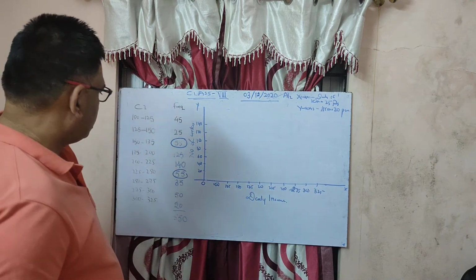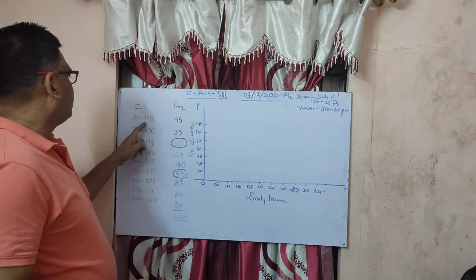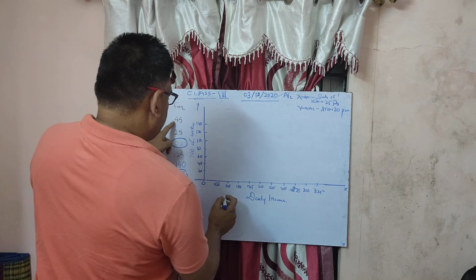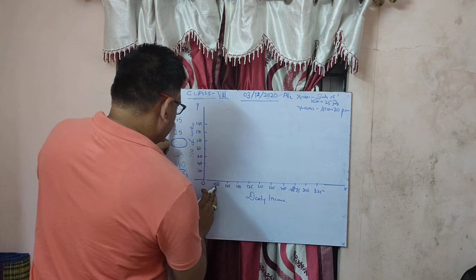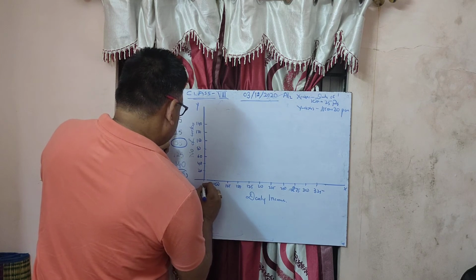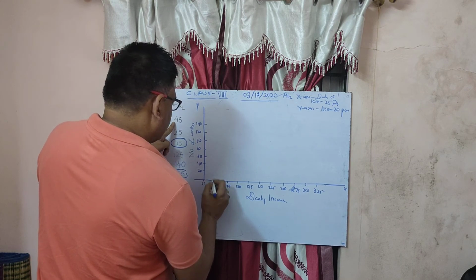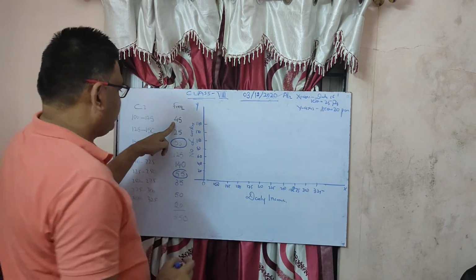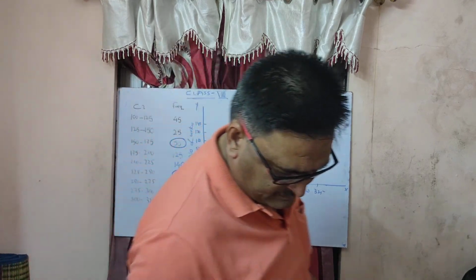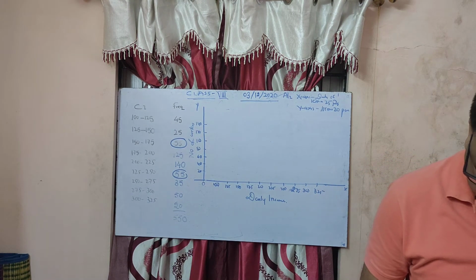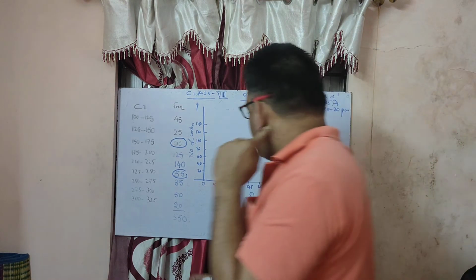Now the first one, 100 to 125. How much is it? 45. It starts from 0 here. Now 100 to 125.